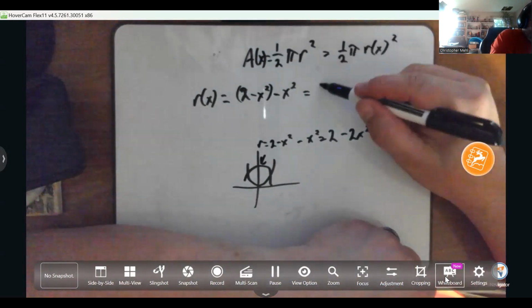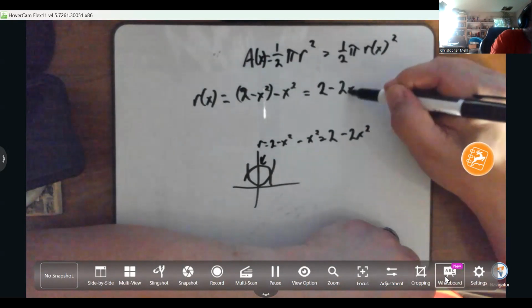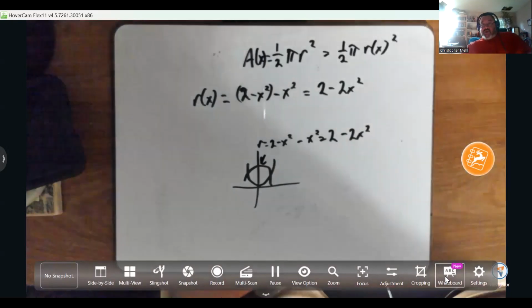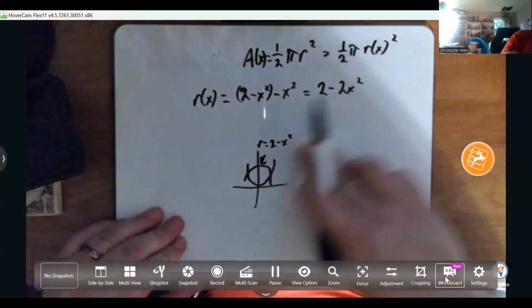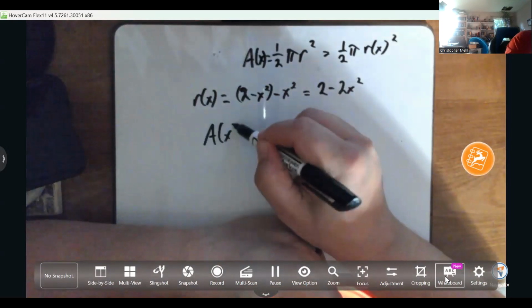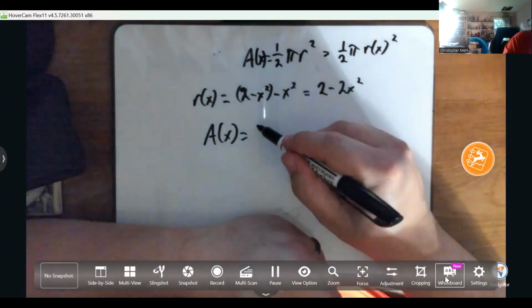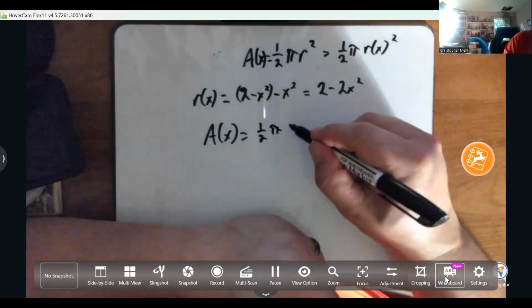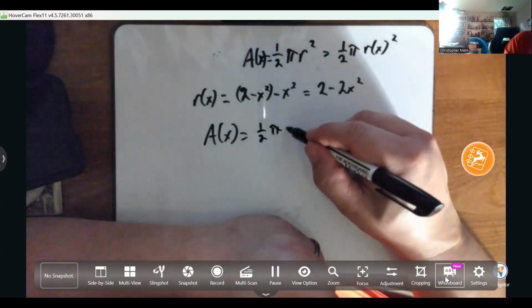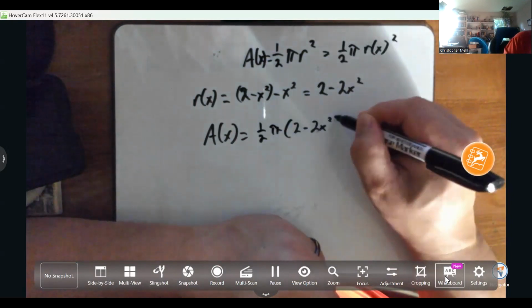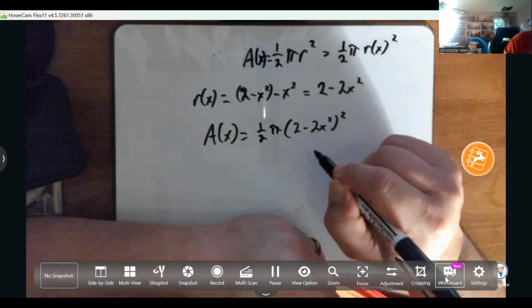And so the area of our cross section then is 1/2 pi times r squared, and so that's 2 minus 2x squared quantity squared.